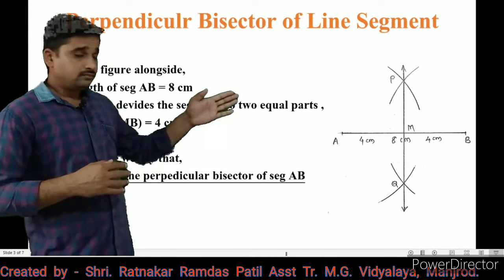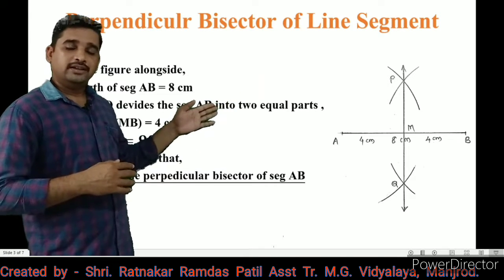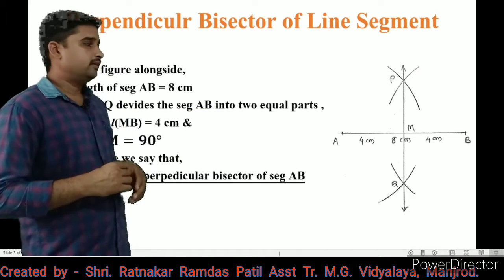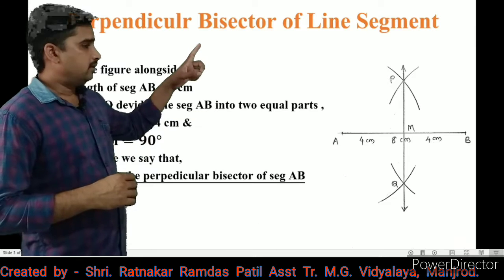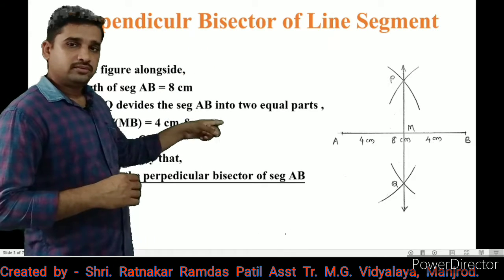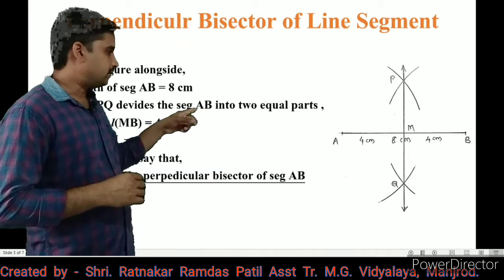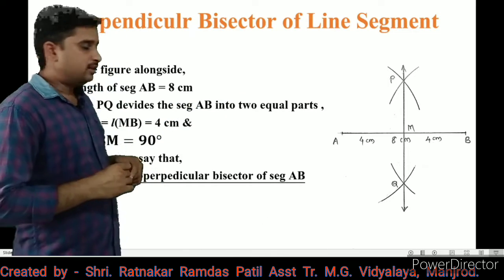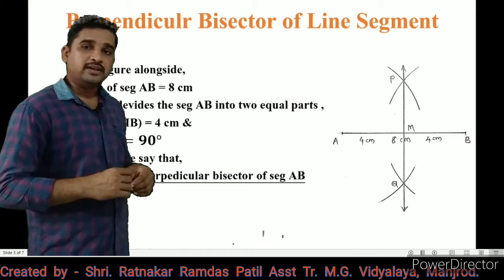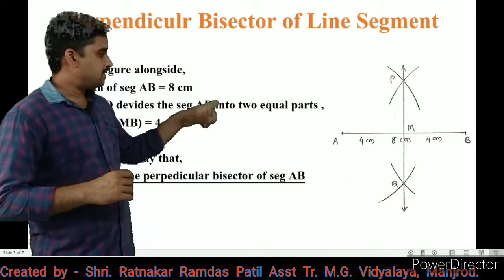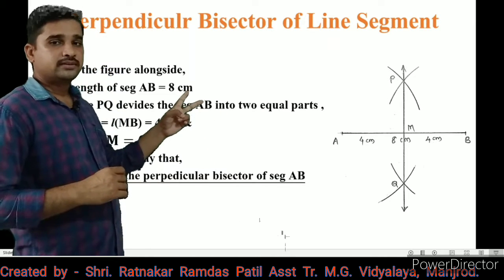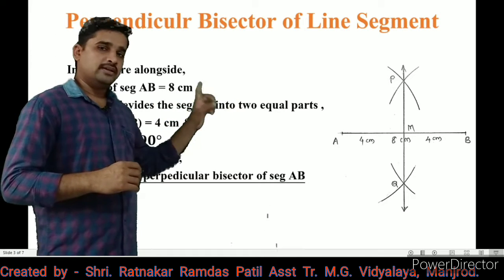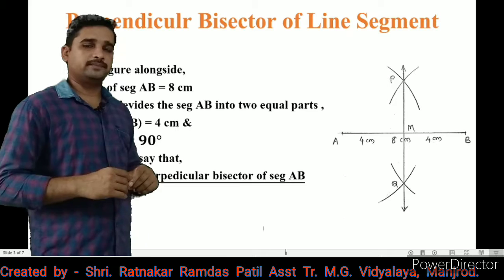Here the length of segment AB is 8 cm, and line PQ is the perpendicular bisector of segment AB. Line PQ divides this segment into two equal parts, that is AM and MB are each equal to 4 cm.